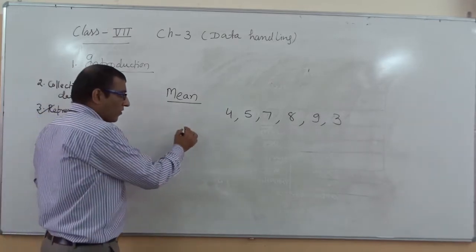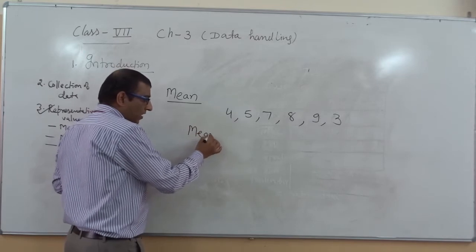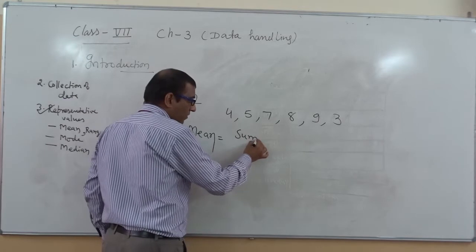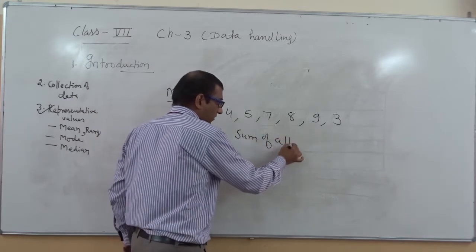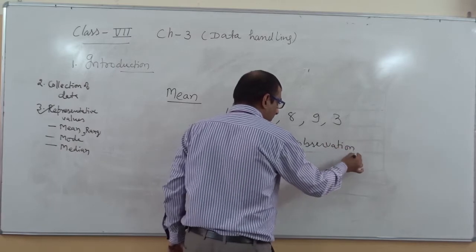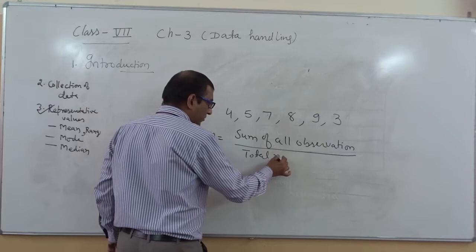So what we will do? If you see here, the formula of mean is sum of all observations divided by total number of observations.